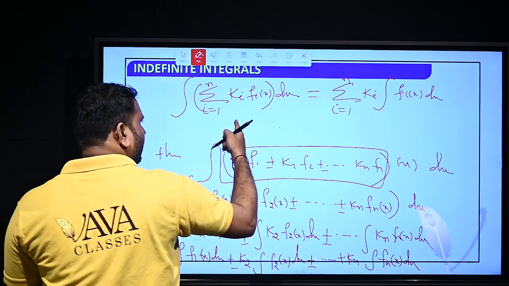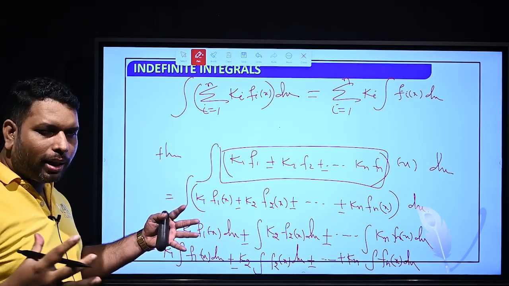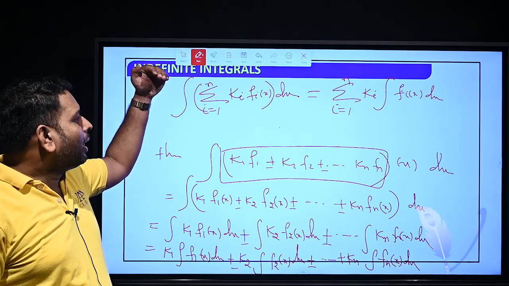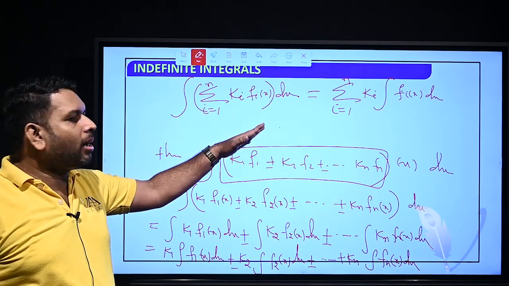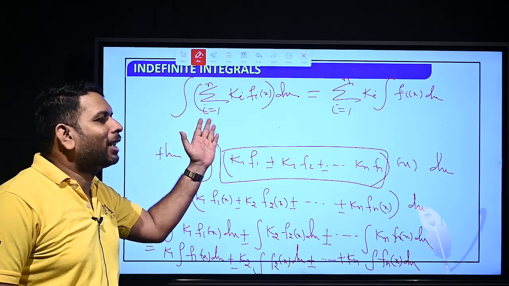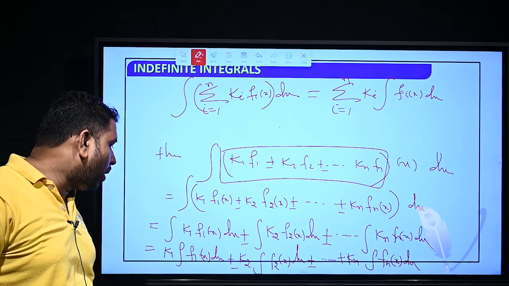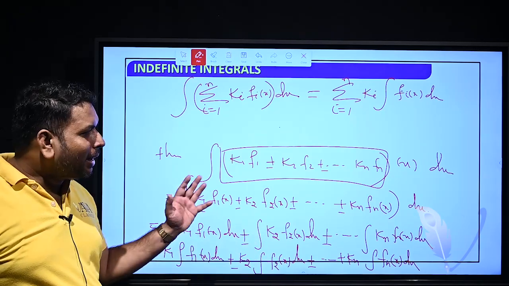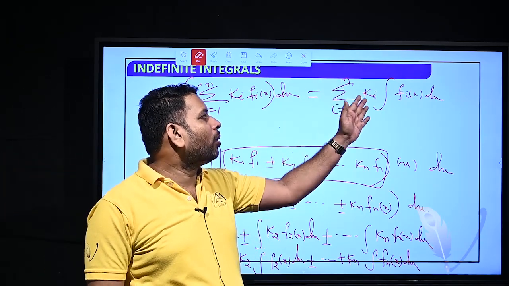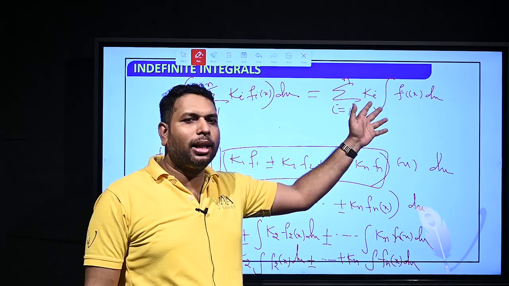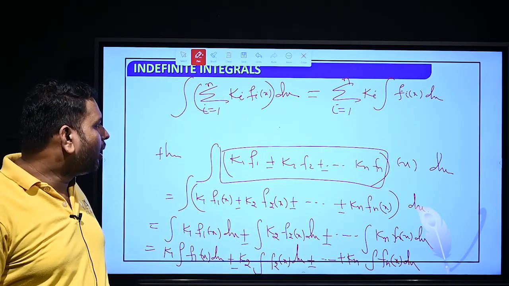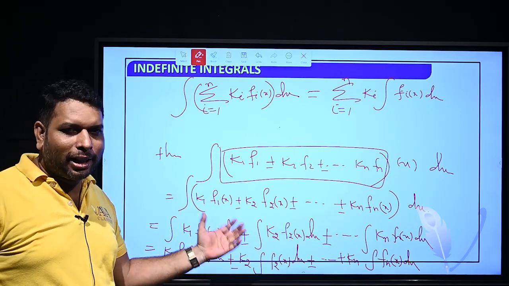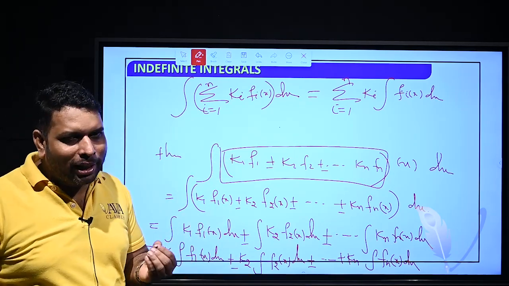These two things are the same but expressed using summation. Clear? So this is another interesting formula of indefinite integral.